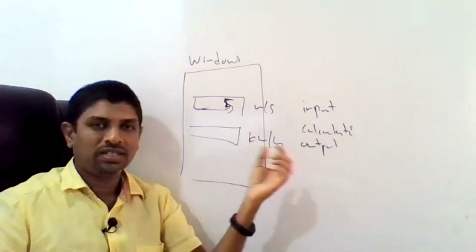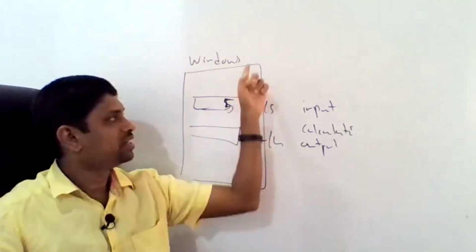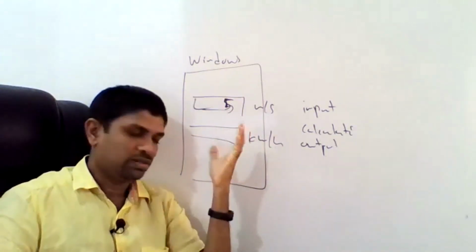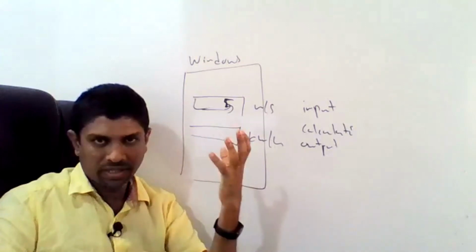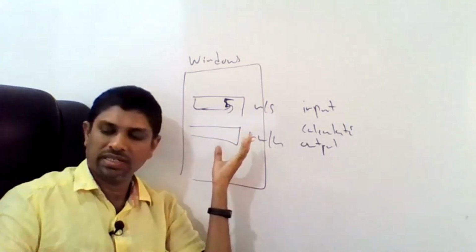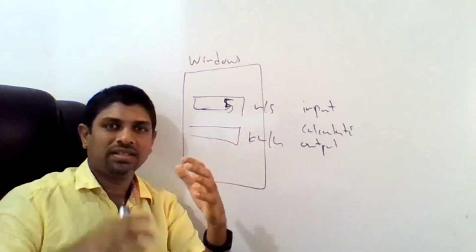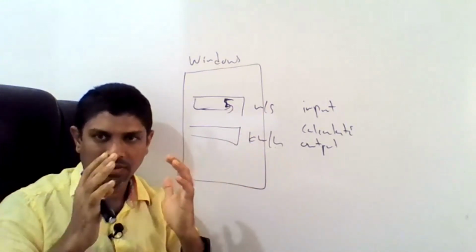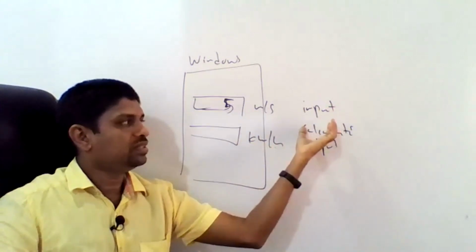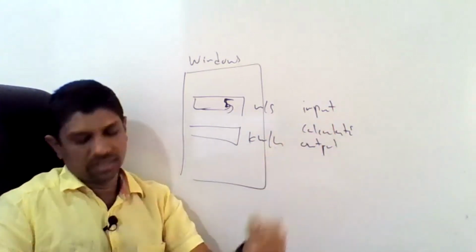Input, calculation. Nicely you can see a nice window and all. Actually, the application may be a Windows application, mobile application, or web application, but the key coding part associated with this is input, calculation, output.